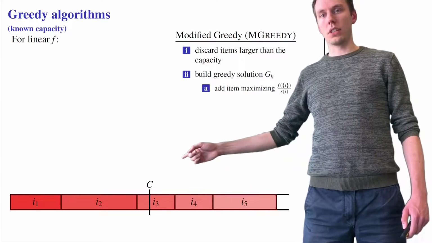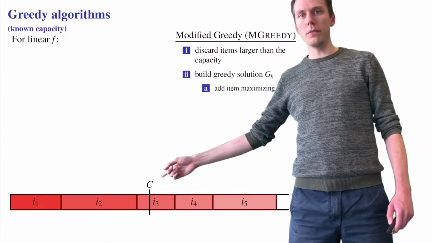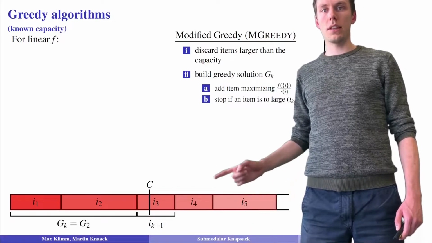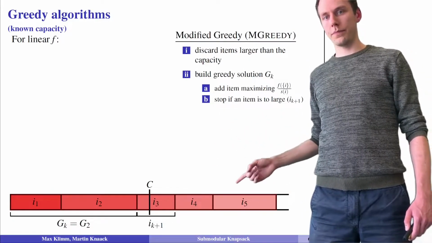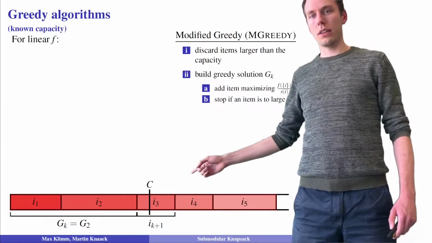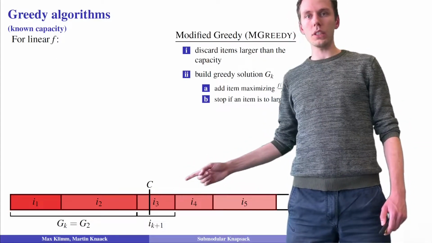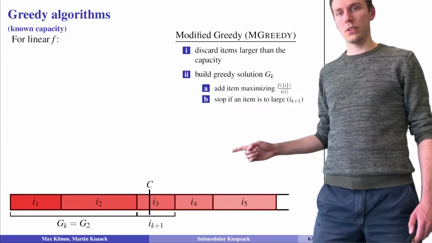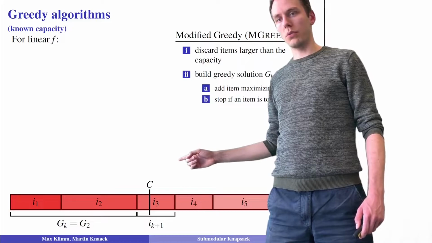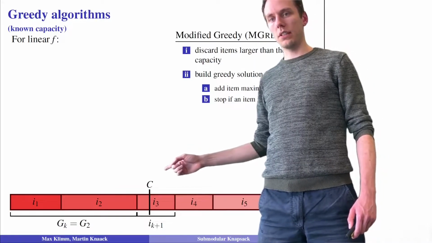Of course, the knapsack cannot add all these items. The capacity was already reached here. What the greedy algorithm does is that it stops if an item is larger than the remaining capacity when we want to add it, and this would be the case for I3 here. And then we have two solutions. The first solution contains the items I1 and I2, the set of items that fit into the knapsack.